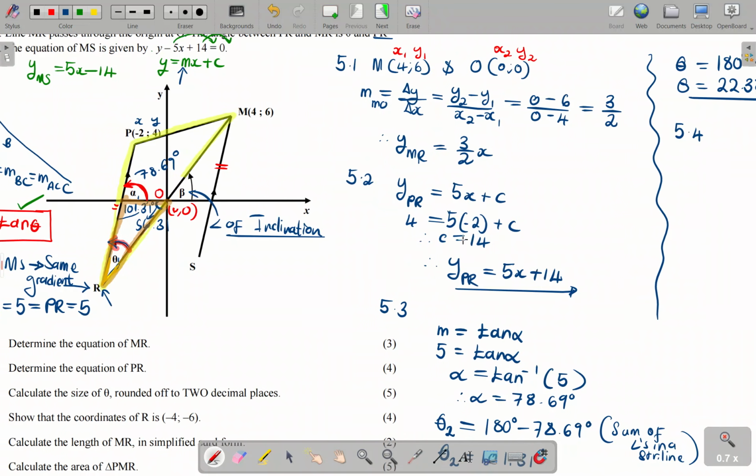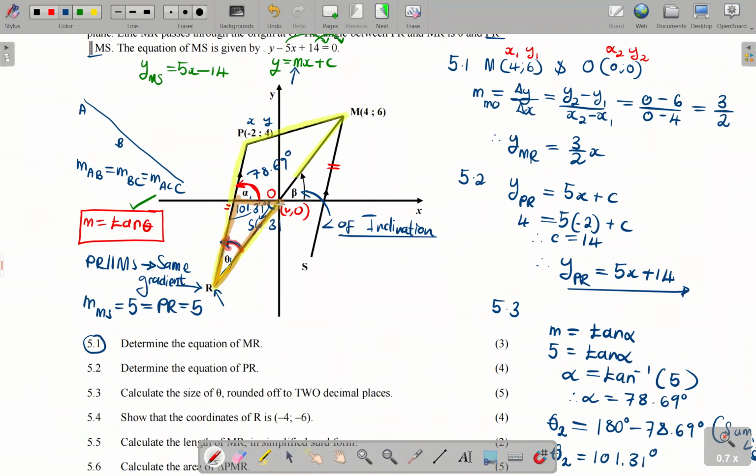I'm using the midpoint formula because we know that the distance OR is the same as the distance OM.